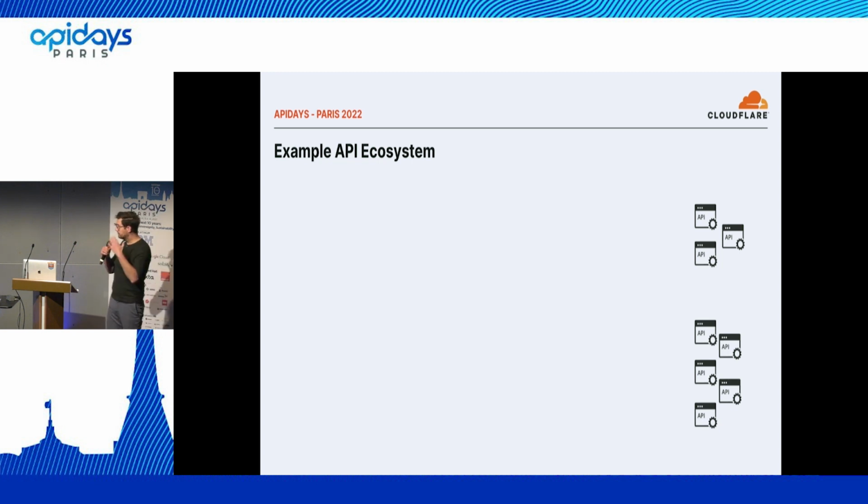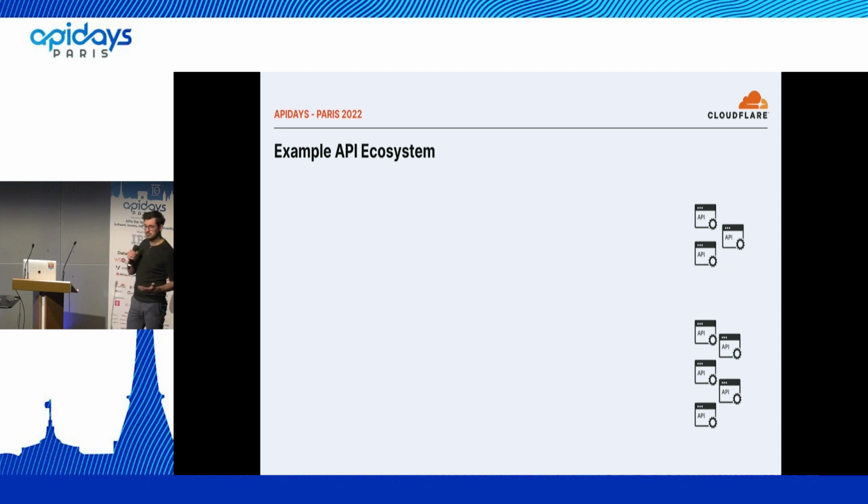So let's start off with maybe the most important component, the backend, right? So we have multiple APIs here running in our API ecosystem. And the message I want to convey here is that these are typically very heterogeneous. You might have a multi-cloud setup, you might have some on-premises APIs, some in the cloud, you might have different technologies, and they're being developed by different teams, right?